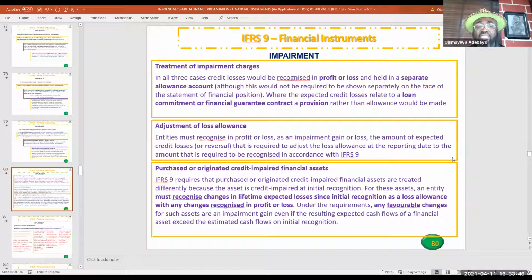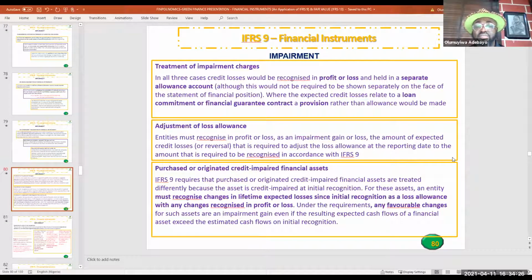As I have said earlier, for purchased or originated credit impaired financial assets, IFRS 9 requires that such a financial asset that is credit impaired at initial recognition must be treated differently. Now, for this asset, an entity must recognize changes in lifetime expected credit losses since inception, when an allowance was created at the point of origination, and such will be reported in your profit or loss.